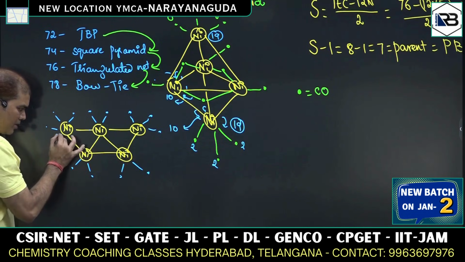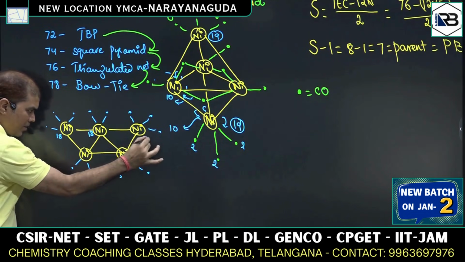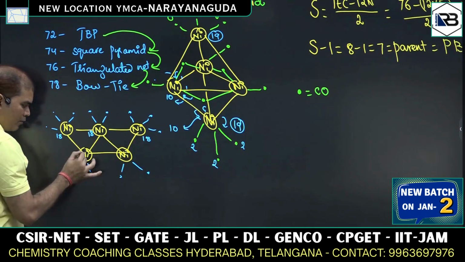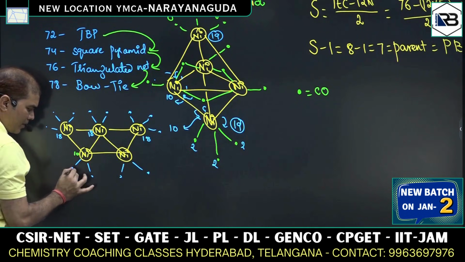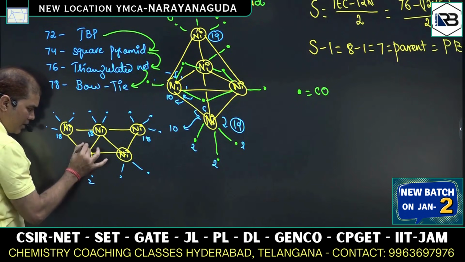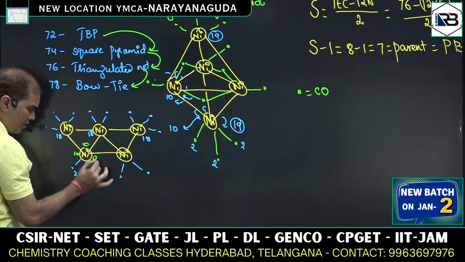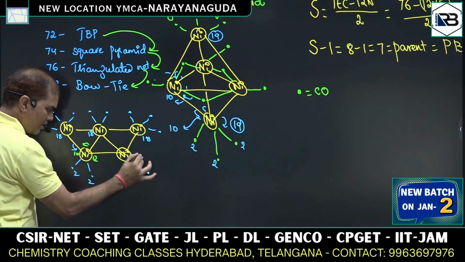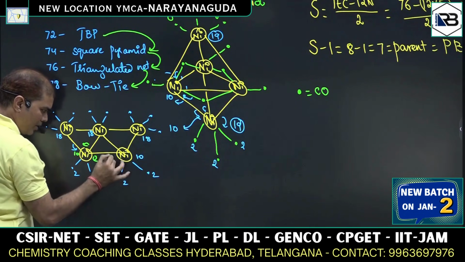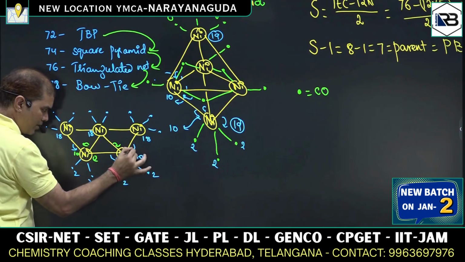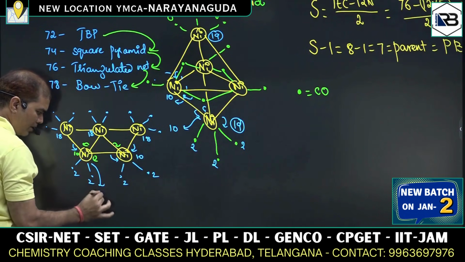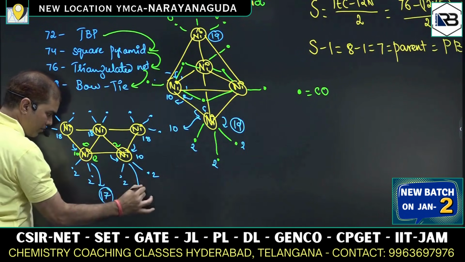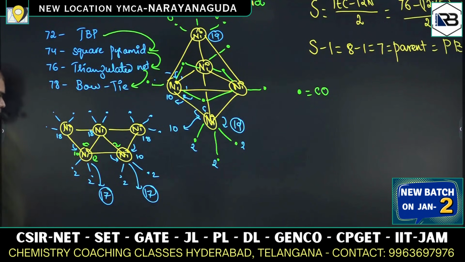Now this nickel has 18, this nickel has 18, this nickel also has 18 electrons. For this nickel it is 10, 11, 12, 13, 14, 15, 16, 17. Even for this nickel it is 10, 11, 12, 13, 14, 15, 16 and 17. So for both of these nickels we are getting a 17 electron count.